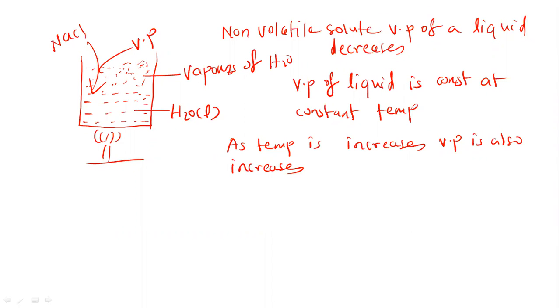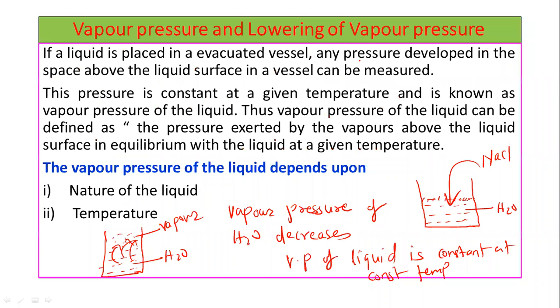So the escaping tendency of the solvent, from liquid to the vapor state, decreases there. So vapor pressure is a colligative property because it depends upon the total amount of the solute which is added into the solvent.